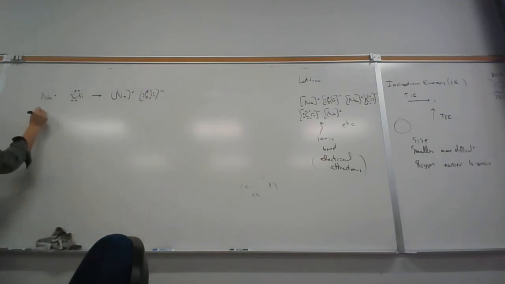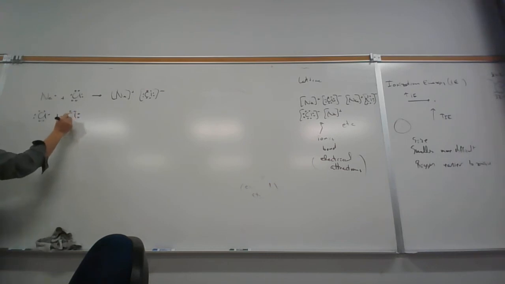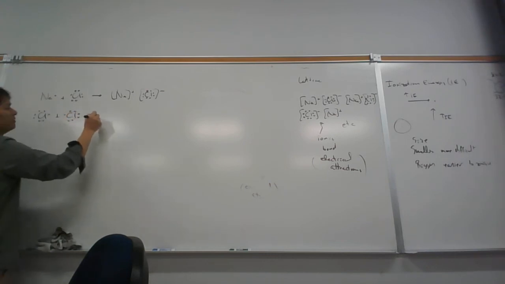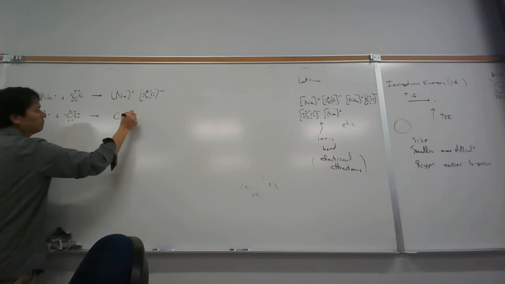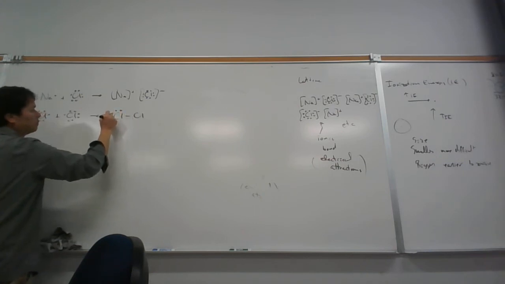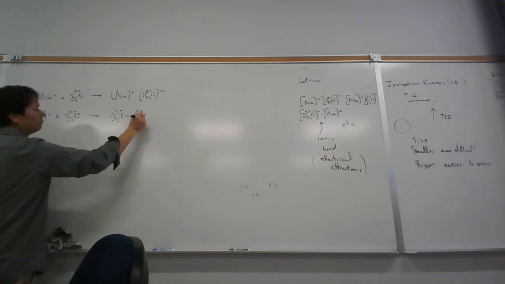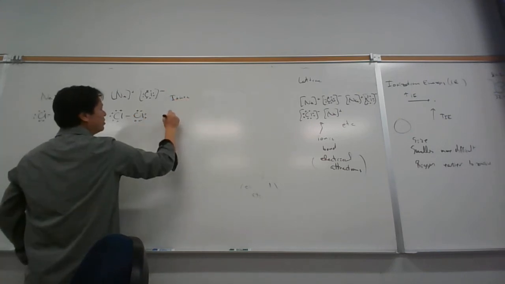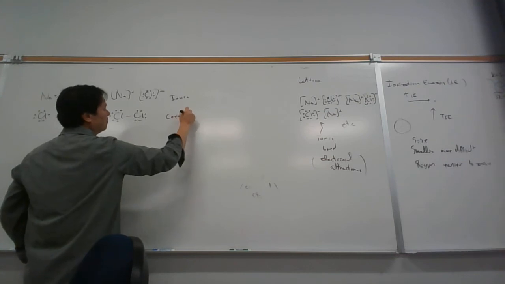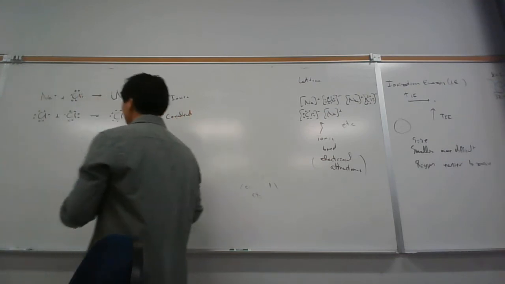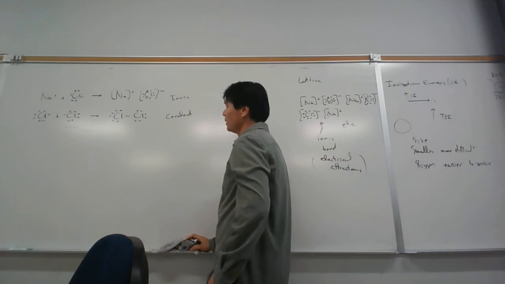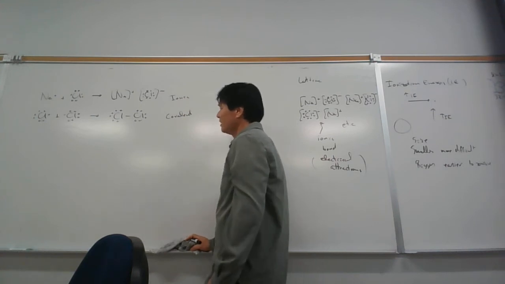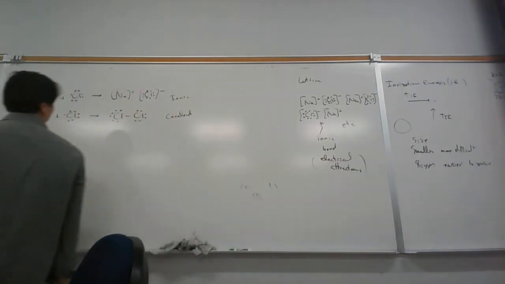If we have chlorine and chlorine react, this forms a covalent bond. So this is ionic, this is covalent. In ionic, chlorine is going to take the electron, so there's going to be a winner and a loser. In covalent, they just share, even sharing.